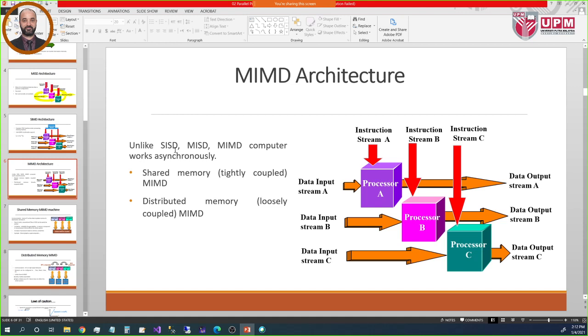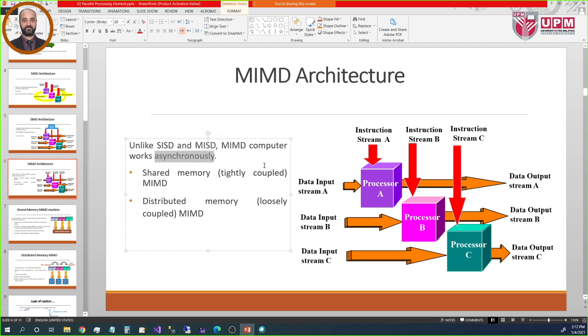Unlike SISD and MISD, MIMD computers work asynchronously.